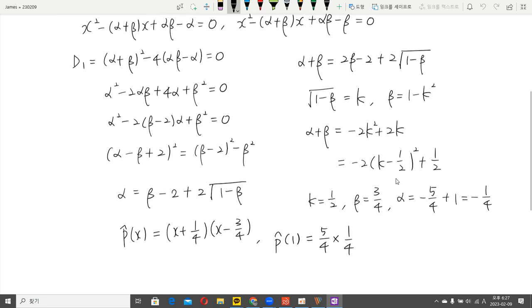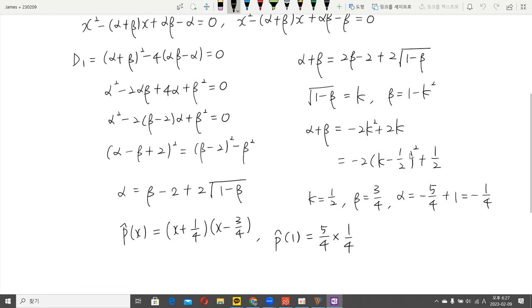We can find the maximum value by making a perfect square. So when k is 1 over 2, the sum of alpha and beta is the maximum. The maximum value is 1 over 2. So when k is 1 over 2, beta is 3 over 4, and when beta is 3 over 4, alpha is minus 1 over 4.